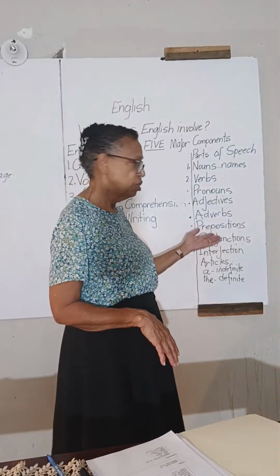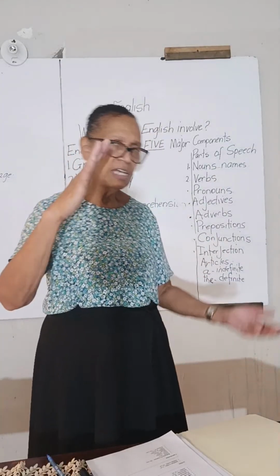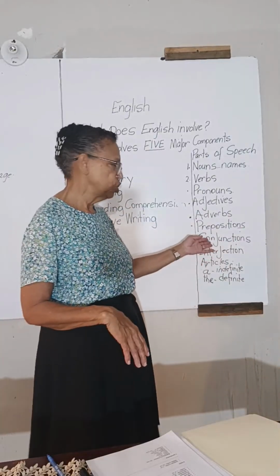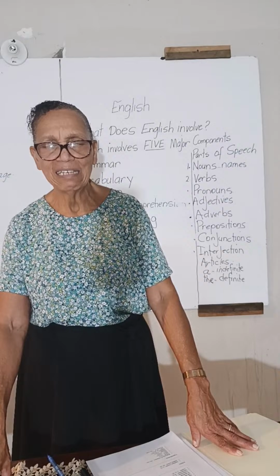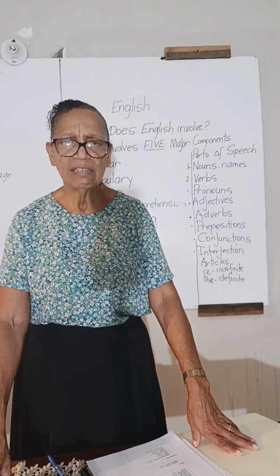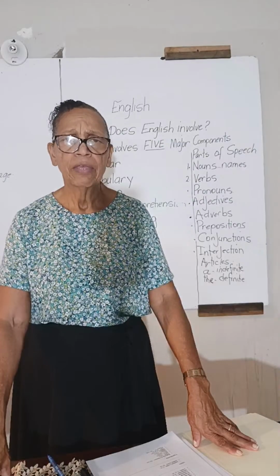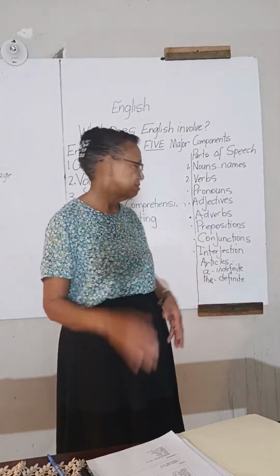Then you have prepositions, which show relationship: outside, inside, underneath the table, up. Then conjunctions. These are words that join sentences and words. They can join sentences in a paragraph, and they help you link your paragraph and connect ideas.